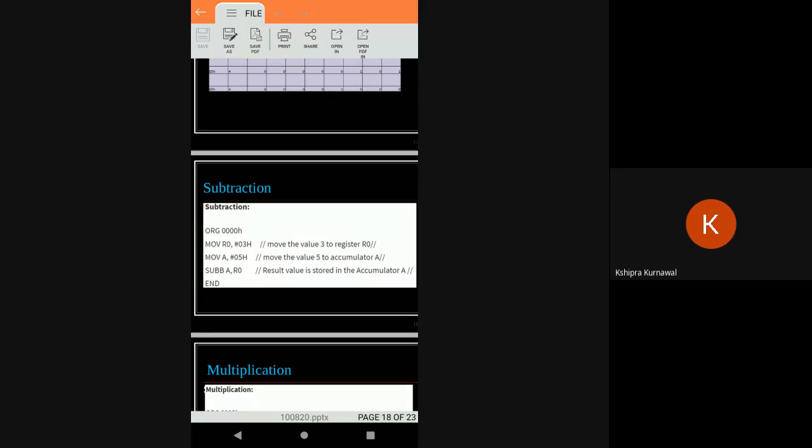And the third instruction, that is the command, it is written SUBB. So double B, don't get confused. So it is the part of syntax. SUBB, that is with borrow. SUBB A, comma R0. So content of R0, content of A, make a subtraction. That is A minus R0, like this.